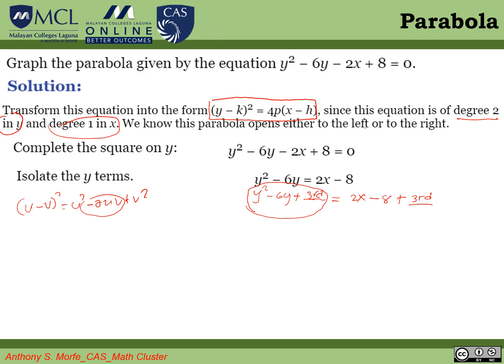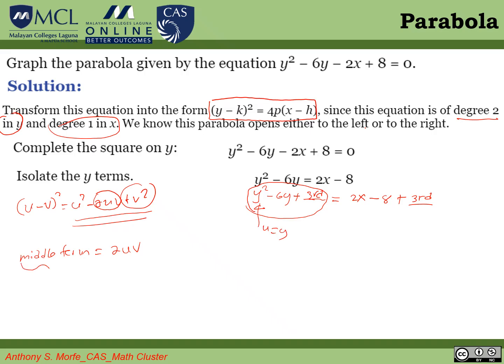So how to find the third term? Meaning third term of the binomial expansion. Meaning we have to look for this. Okay, so we have the formula, the middle term equal to twice the product of the first and second term. So 2uv. Okay, so we let our u here as y.